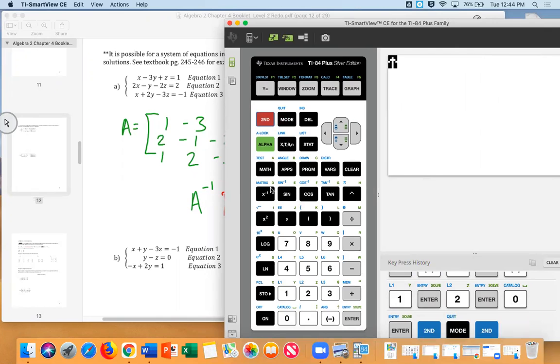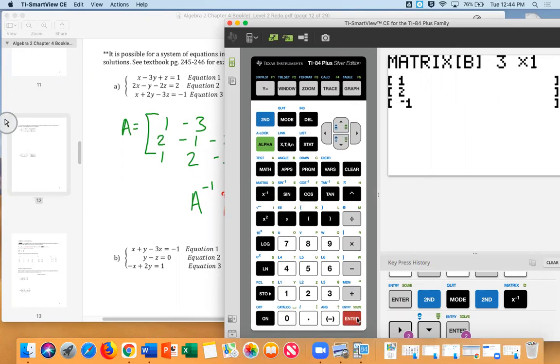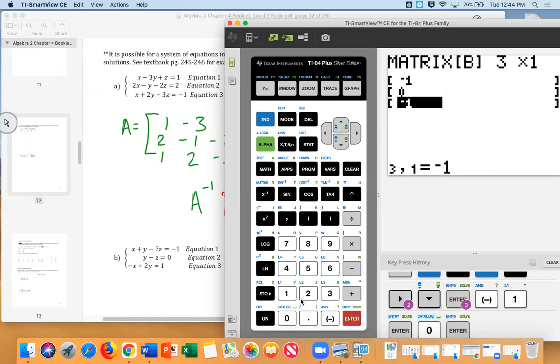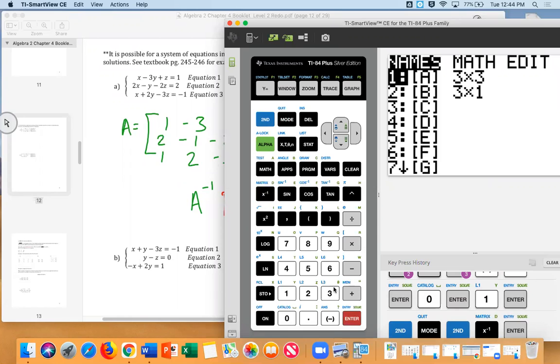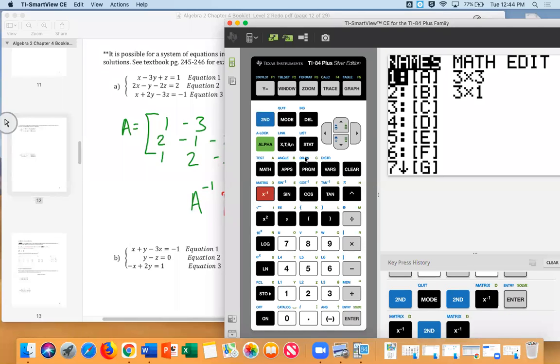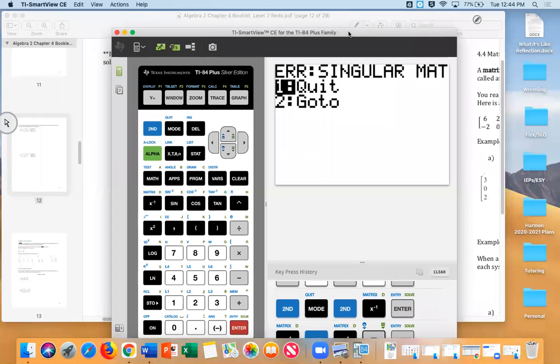We go back, go into B, go down to edit. It's a 3 by 1: -1, 0, and 1. Now I'm going to call up A inverse B. And this one says singular as well.